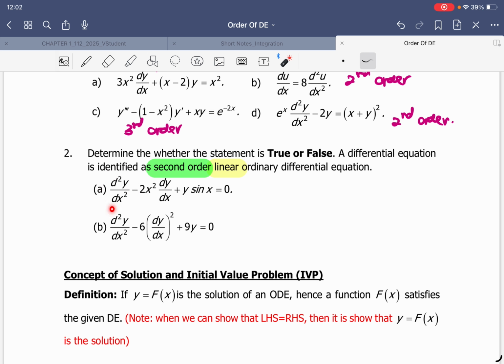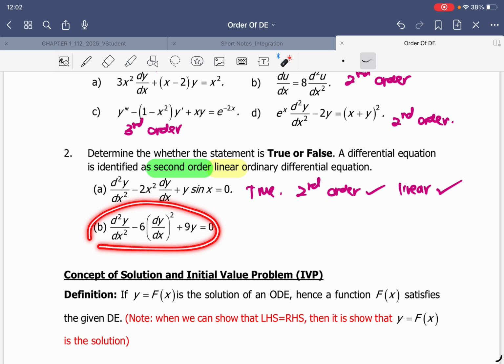So this is a second order. But is it linear? Yes, this is a linear differential equation because we don't have a power outside the derivative. So the statement for A is true because this is second order, correct, and this is also linear, also correct.